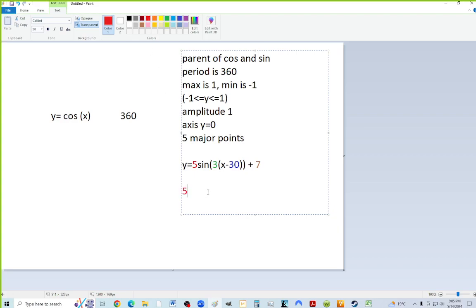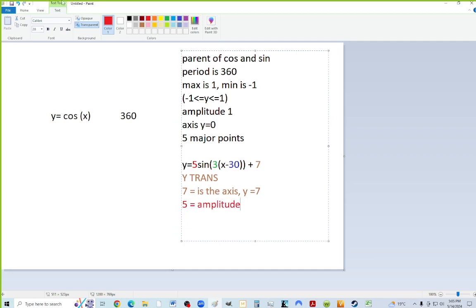Let's start with the brown 7. The brown 7 is the axis. Y is equal to 7. Let's look at the red. I'm doing Y transformations first. The 7 is the axis. The red 5 is the new amplitude.